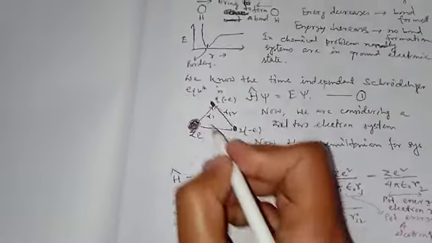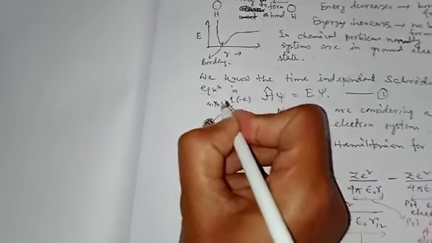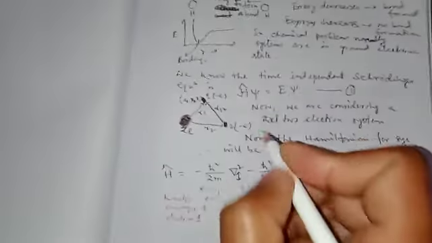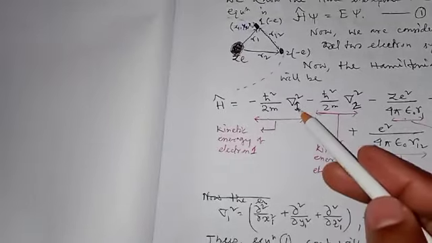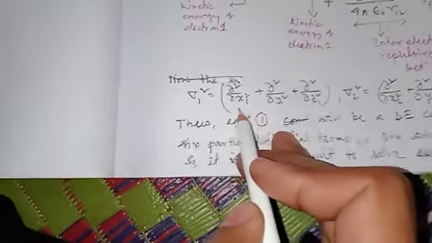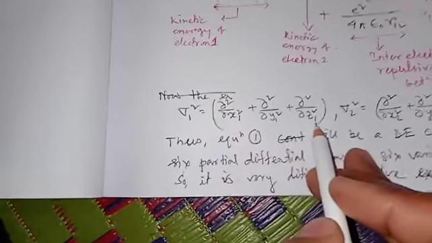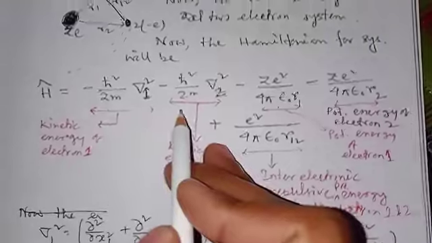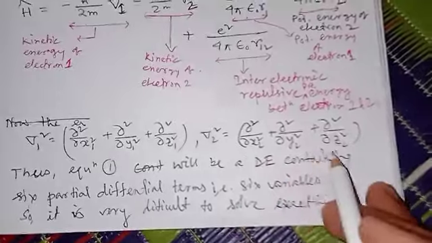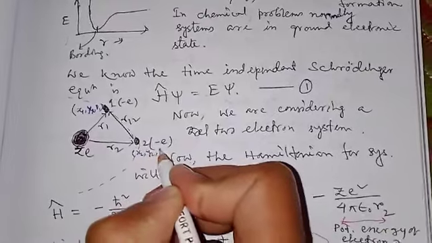That is, if x1, y1 and z1 are the coordinates of my first electron, then the differential term, del square 1, depends on the three coordinates of the first electron. Similarly, the second term will appear for the second electron, and that will also depend on the coordinates of the second electron, basically x2, y2 and z2.